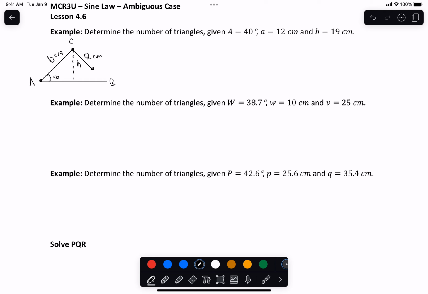Maybe, maybe not. I don't know, because the height, this is why it's ambiguous. I don't know how tall the triangle is yet. Everyone good with that diagram? Kind of looks like the ones we did on the other page, but the only thing I need to figure out, and where my inaccuracy is going to be, is how tall this triangle is.